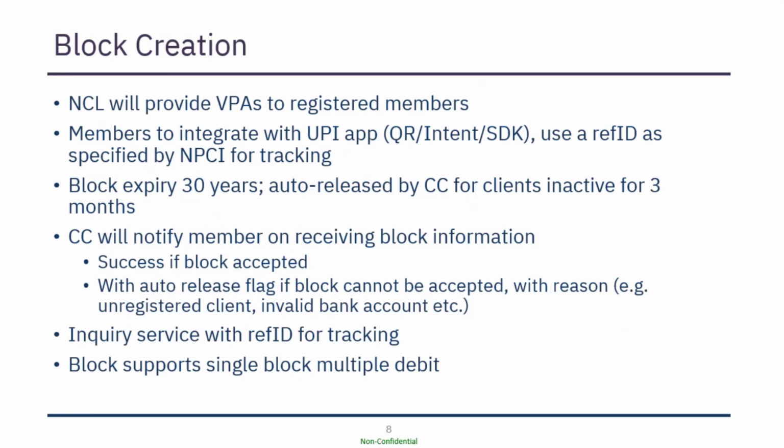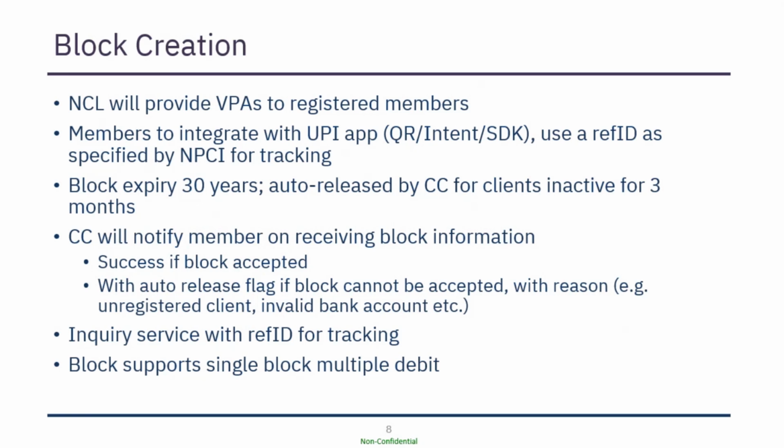So for example, if using a ref ID, a member has initiated a mandate request and the member does not receive the response back. So the client has tried to create a mandate. The UPI app has initiated it successfully, but there is no confirmation received from CC. So in this case, we have given an API for inquiry.